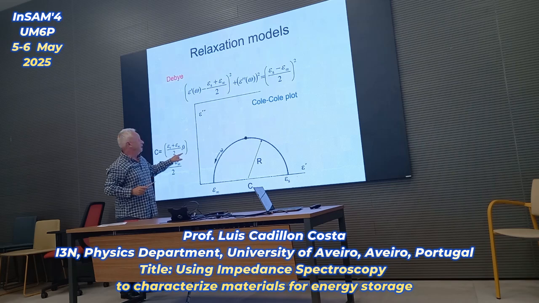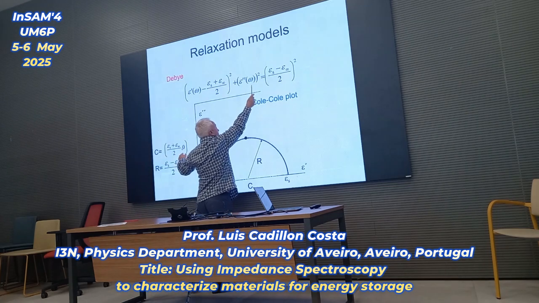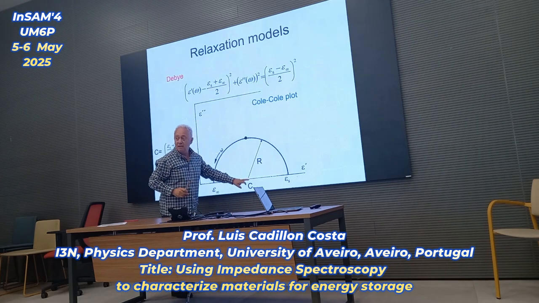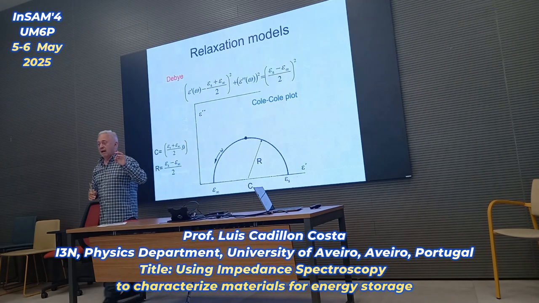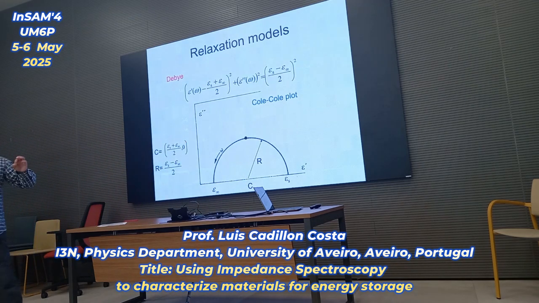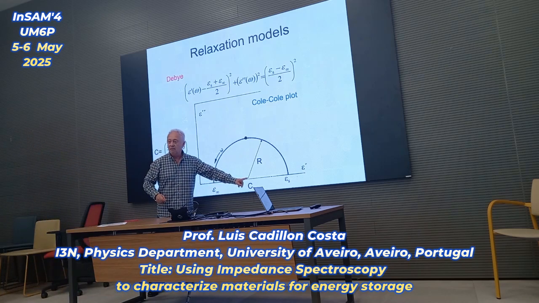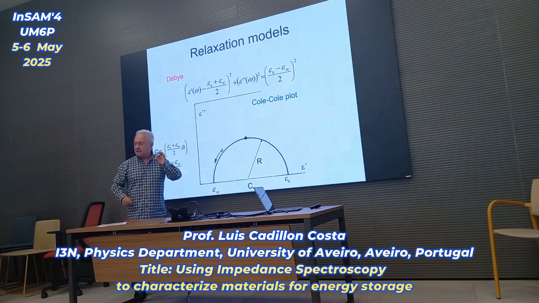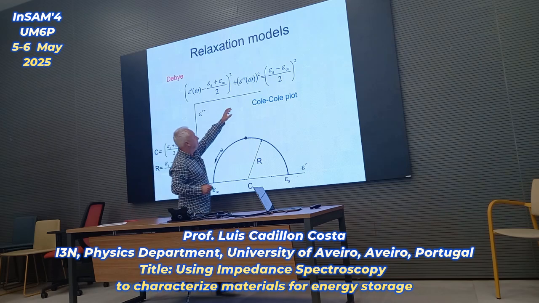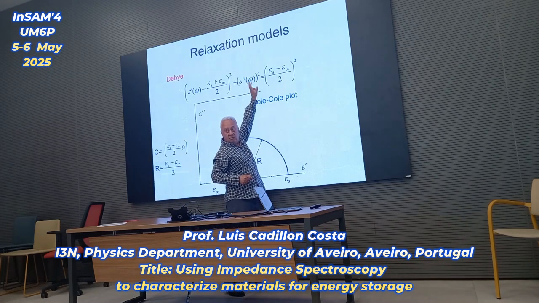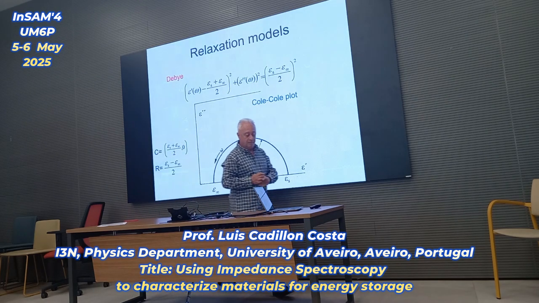So if this is 0, I am exactly on the x axis. If I am in the Debye model, when I represent epsilon double prime as a function of epsilon prime, I must have exactly a circle, and the center of the circle must always be on the x axis, because here we have 0.